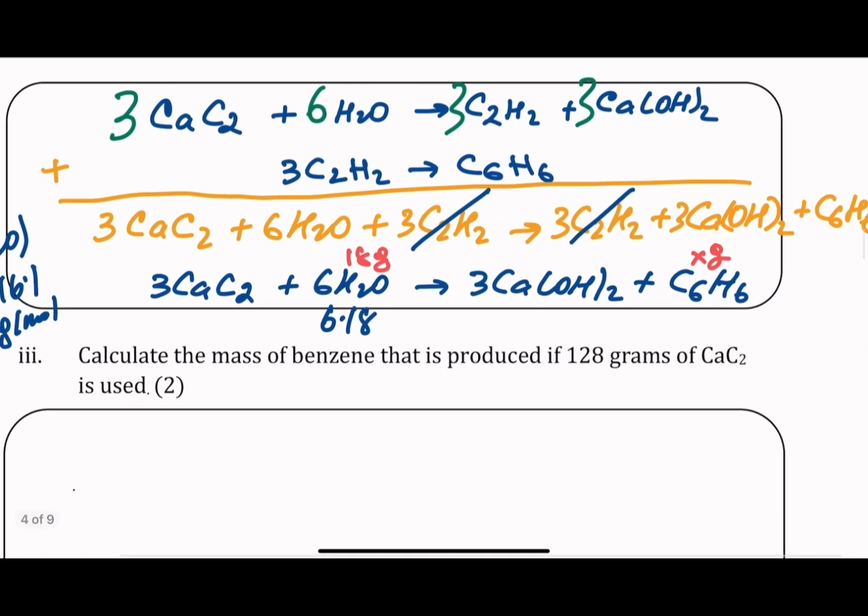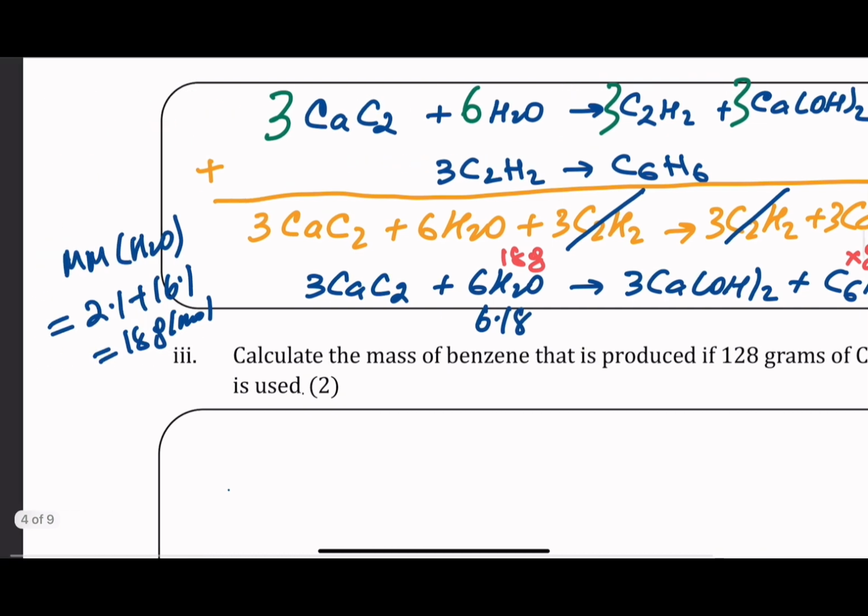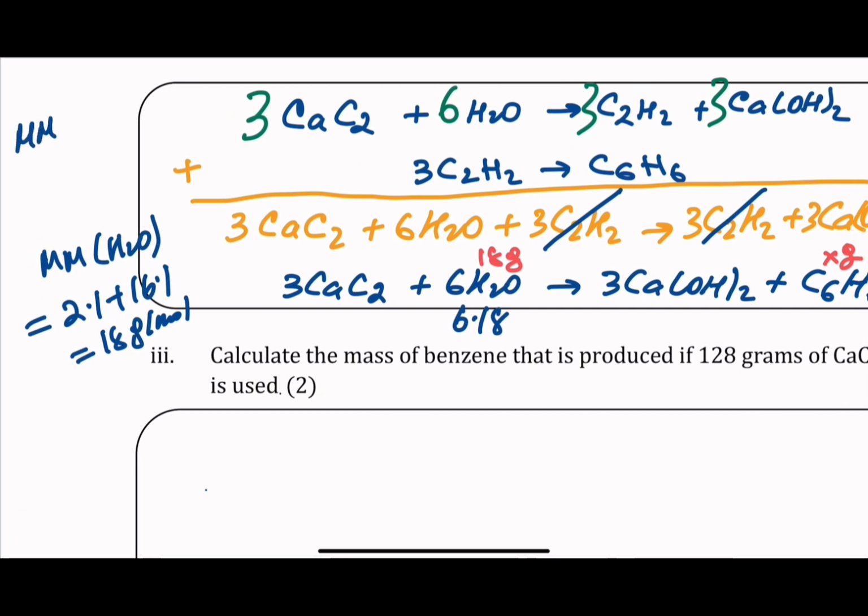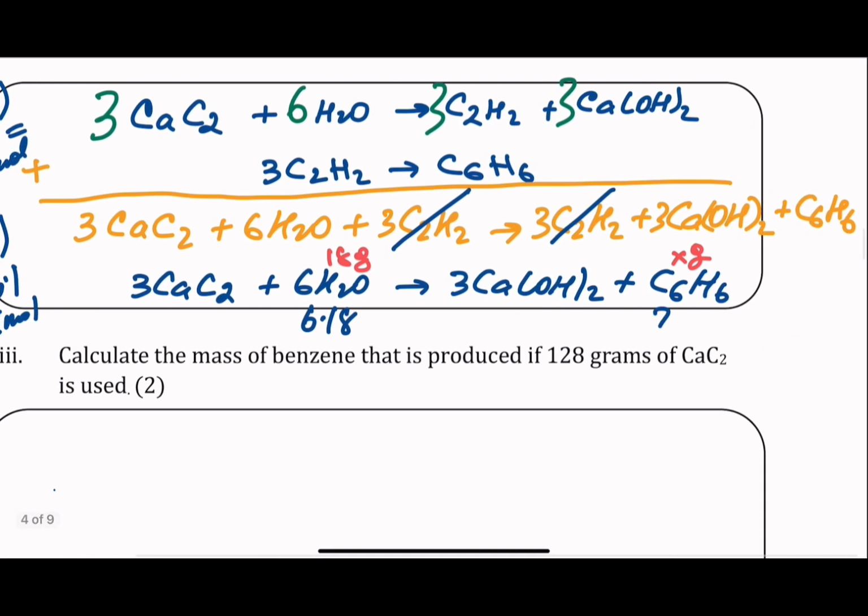And it's asking about C6H6. I will find the molar mass of C6H6, and this is 6 times 12 plus 6 times 1, and this is 78 gram per mole. So I'm going to write underneath just 78 gram, because there's only one, right?